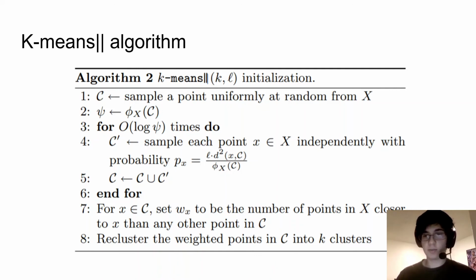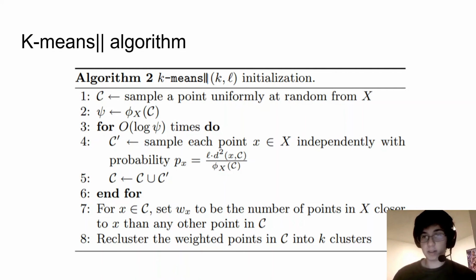Then we iterate, where C prime used to be k for k-means++, so you just pick one center, and then you add it to your distribution with a probability of d squared. But this time we use a probability of L d squared. So in expectation at each iteration we pick L points, and then we add these hopefully L points to C.